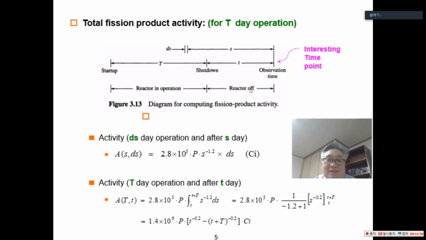So in the figure, instead of calculating it operates large T period and it just stayed for small t period, we just calculate one reactor operating for T plus t period, and the second reactor, the same reactor, operate just for small t period, and we just subtract it, so we get the result. Okay, that is kind of manipulation.